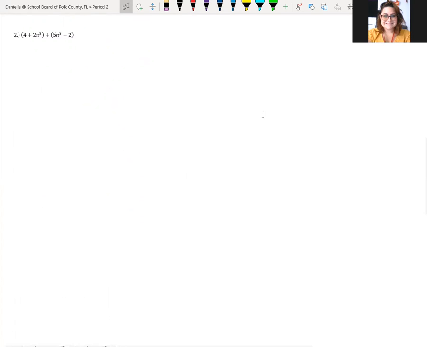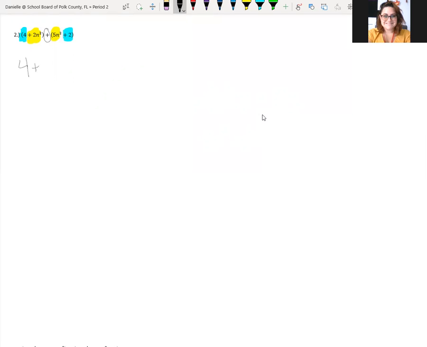Like I said, it's going to be the same process. We need to combine our like terms. So I'm going to highlight everything that's similar. This one is n to the third and n to the third. And we also have 2 and 4 that we can put together because they're constants. Since this is a plus sign, I can get rid of my parentheses.